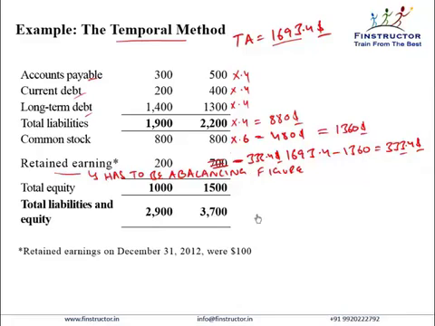The retained earnings, however, is the beginning retained earnings, which is given to be $100, plus the net income minus the dividends. There are no dividends in this case. So 100 plus the net income, that is the ending retained earnings, must be equal to $333.4.